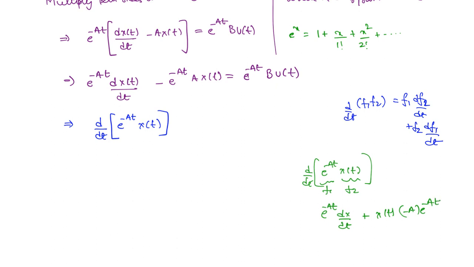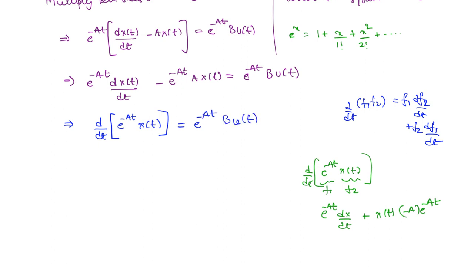This is the result you are going to get, right? So that is what you have here. e to the power minus at dx by dt is this first term on the LHS, and here you have minus a e to the power minus at into x of t. That is what you have here. Okay. So now this is equal to e to the power minus at b into u of t.